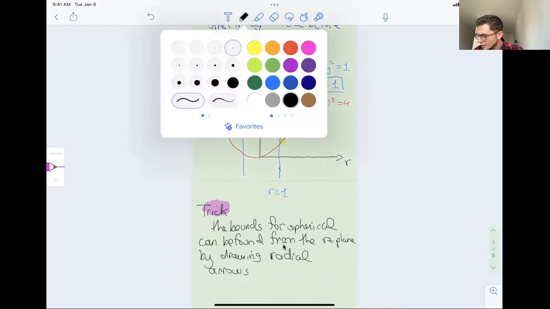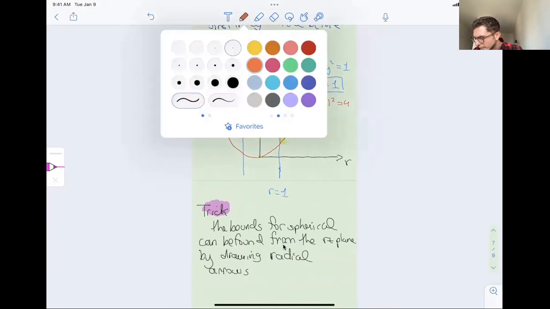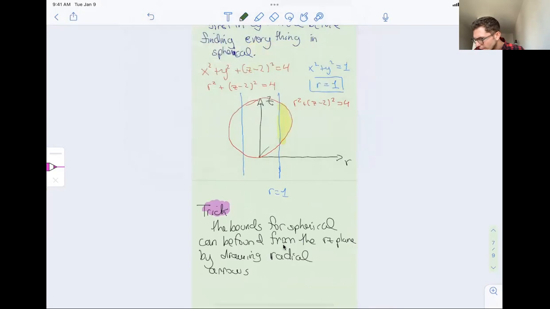By that I just mean you draw arrows which start at the origin, essentially similar to the arrows that you would draw for polar coordinates. They're not that different. So if you want to determine the bounds for rho, you can do something like this.